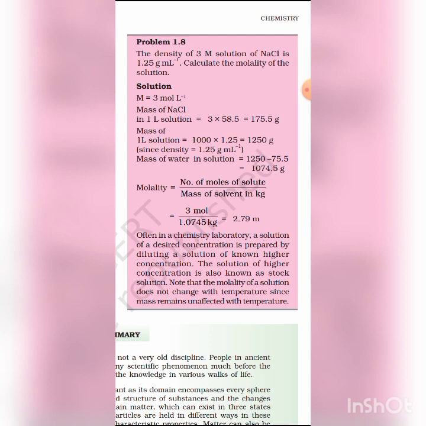So number of moles of solute will be 3 mole and mass of solvent we know 1.075 kg. Okay, and dividing this we get as a result 2.79 small m, that is molality. We express molality by the small m and molarity expressed by capital M. Clear?